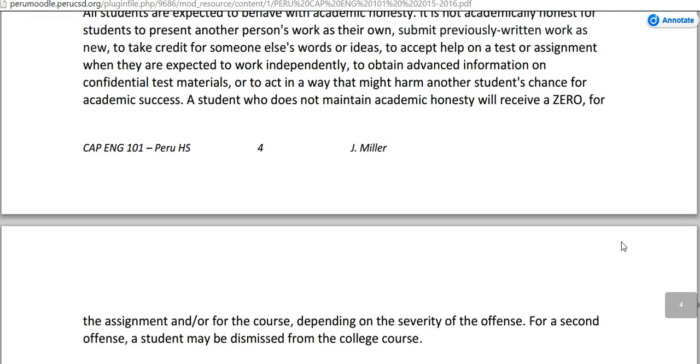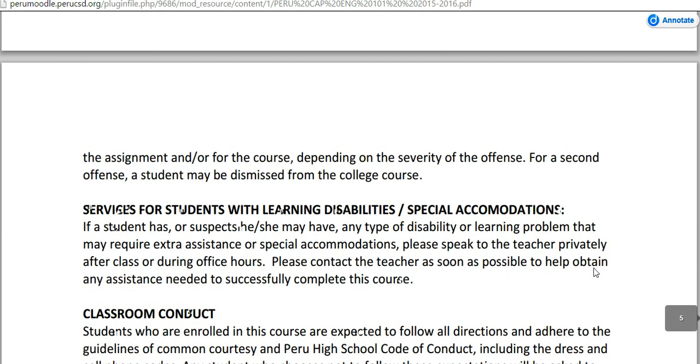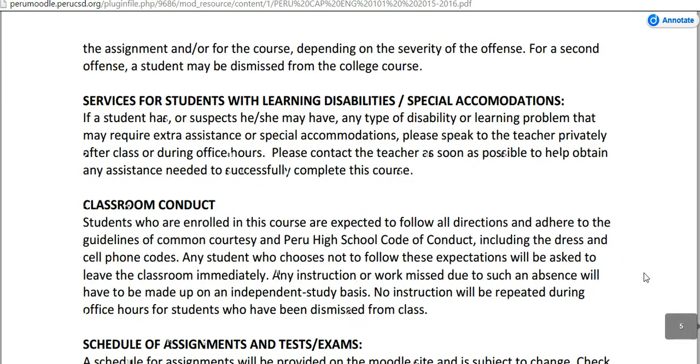If you do hand in something that is not yours and it's determined to be so, you receive a 0 for that assignment and or the course, depending on the severity of the offense. If you suspect or know that you have a learning disability and need special accommodations, please see me.